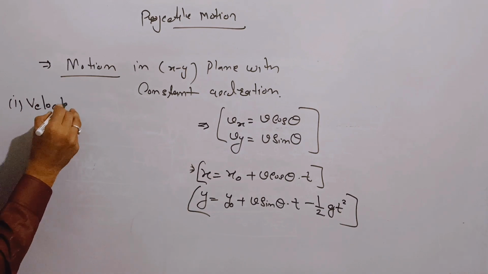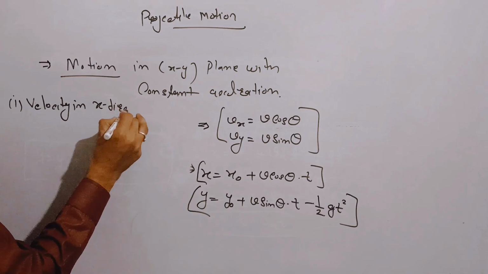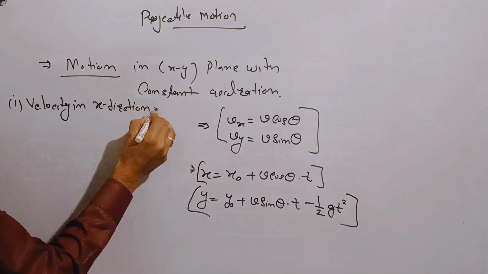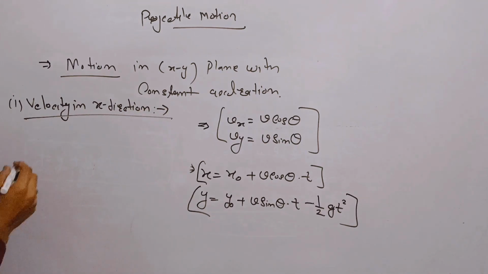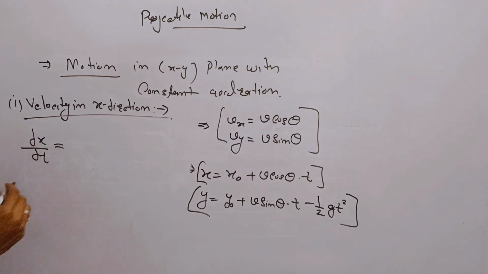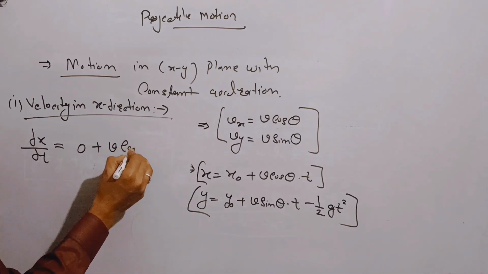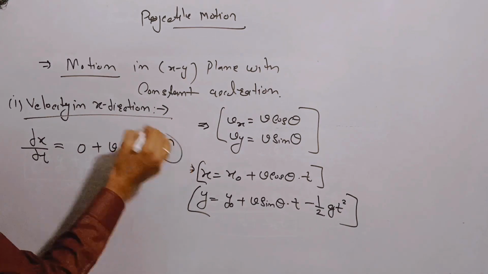So first is the velocity in the x direction: dx by dt is equal to 0 plus v cos theta, the velocity in the x direction.